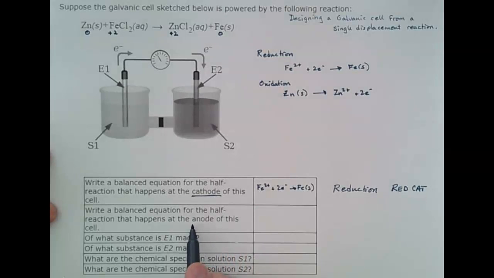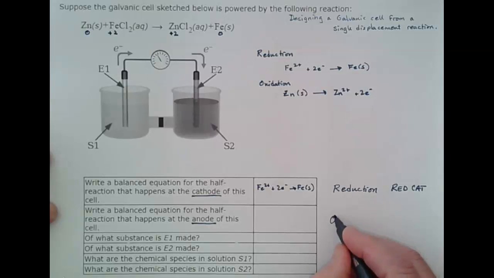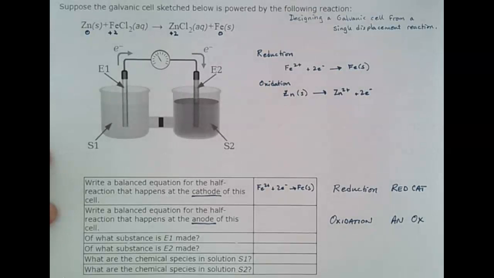The second question asks about the anode. Which half reaction happens at the anode? The anode is always the oxidation, and if you need help remembering that, it's an ox. So anode is the oxidation. I like to say that an ox stepped on a red cat, but that's just my general dislike of cats coming through.